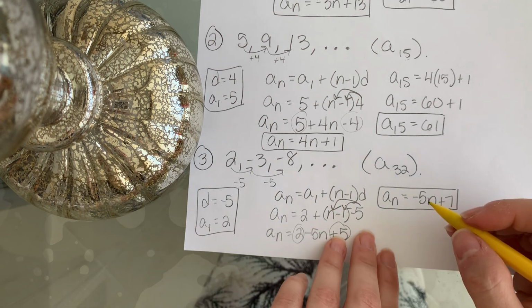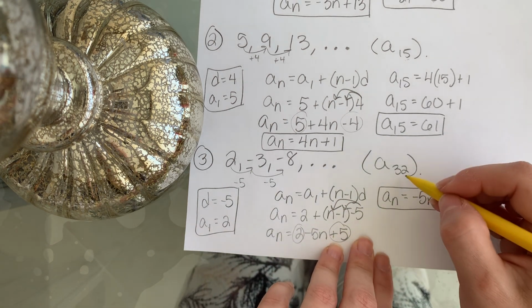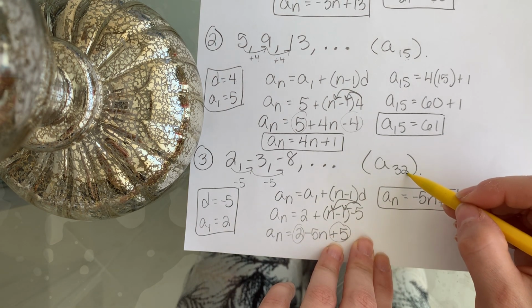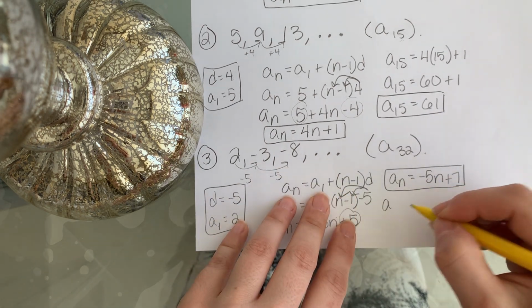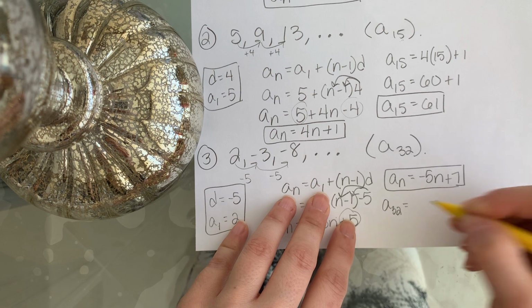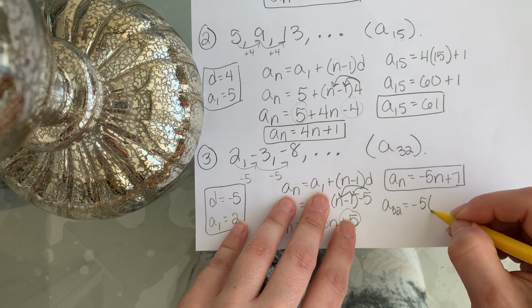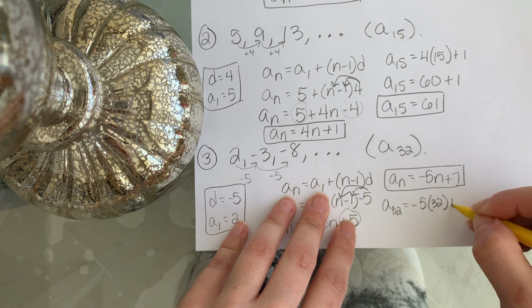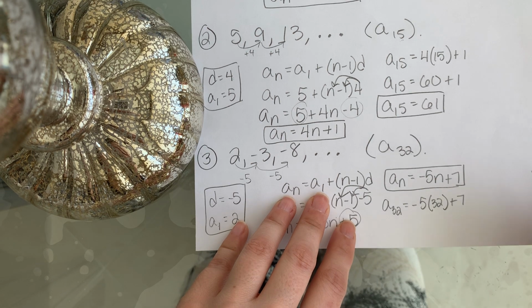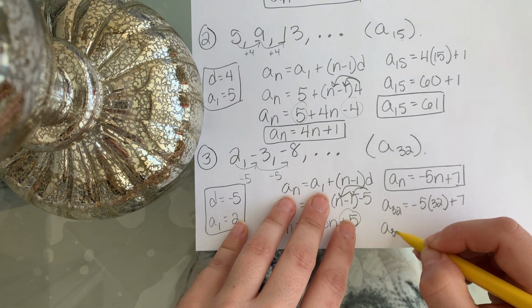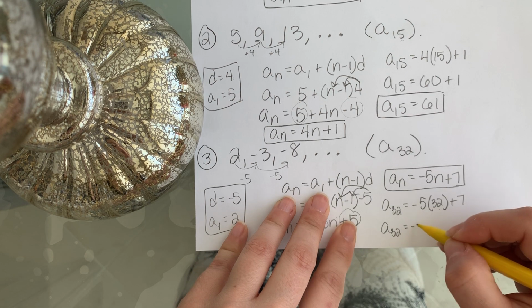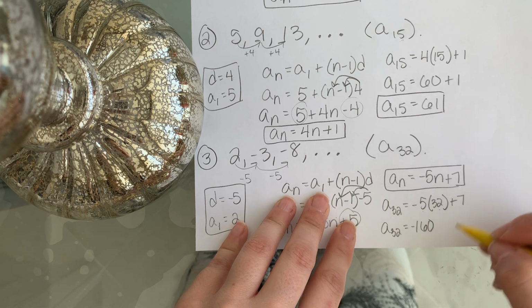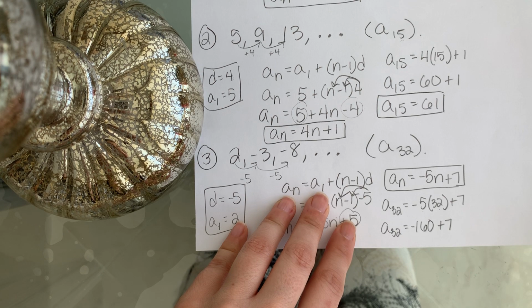So now that we've found our formula, we need to find what is the 32nd term in this sequence. So we're going to do a sub 32 and plug it in for n. And we have to calculate what is negative 5 times 32, which gives me negative 160 plus 7.